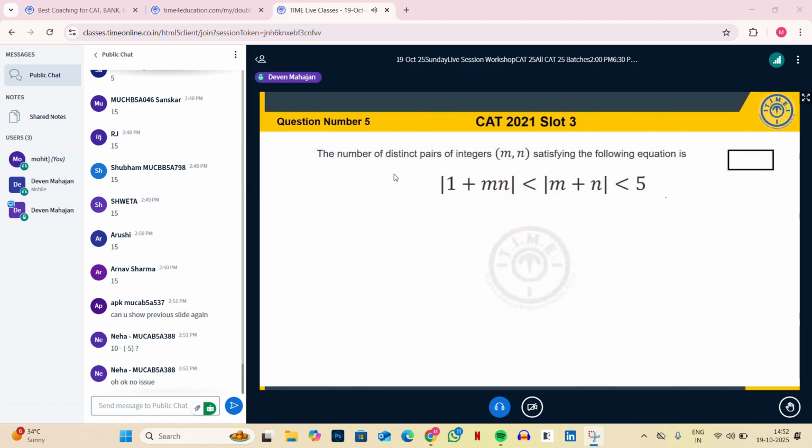So this was CAT 21 slot 3 question. Interesting question. See if you are able to do this by trial. The easiest way to do this question is by trial.